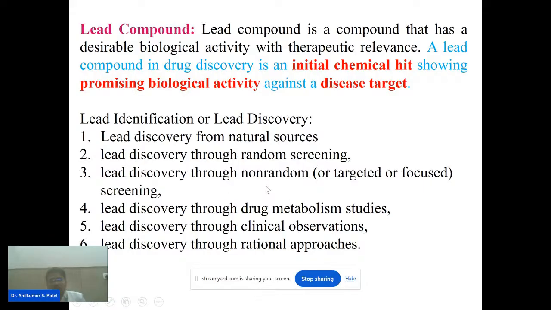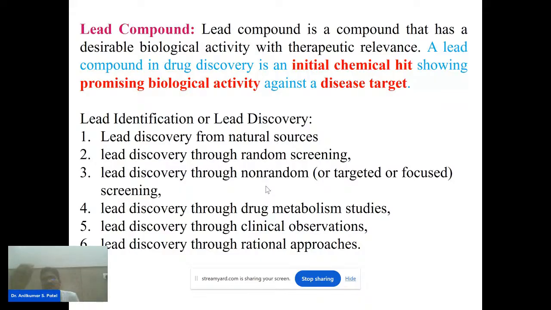Drug metabolism study means, during clinical observation, the pharmacokinetic study. Pharmacokinetics means absorption, distribution, metabolism, and excretion study.